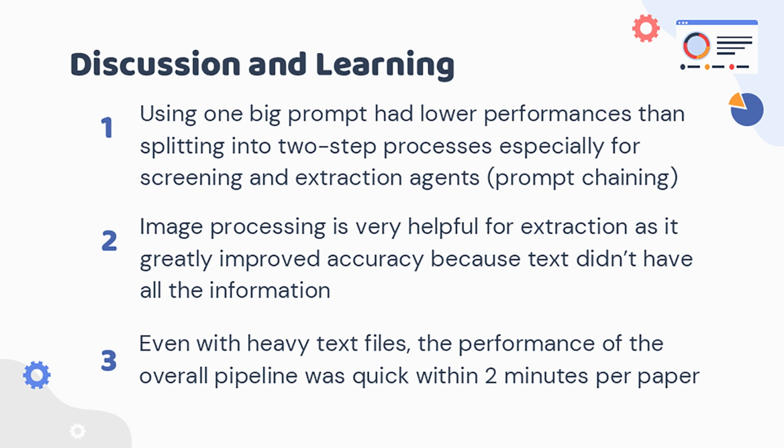And third is the speed, because we want to speed up the extraction process for the experts. Bioscribe really succeeds at this goal, and each paper will cost us 2 minutes or less for the whole research work.